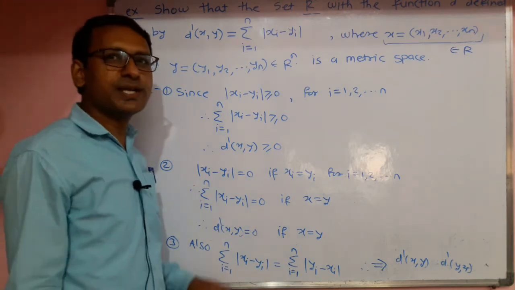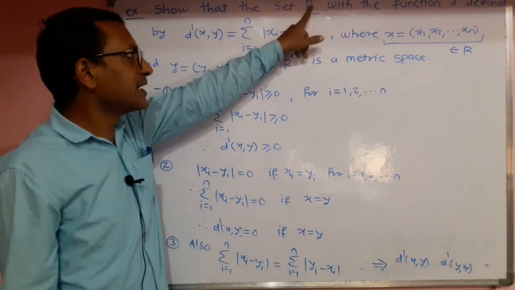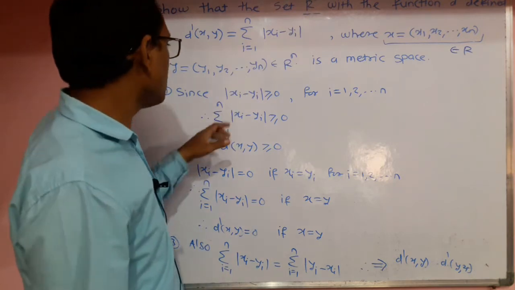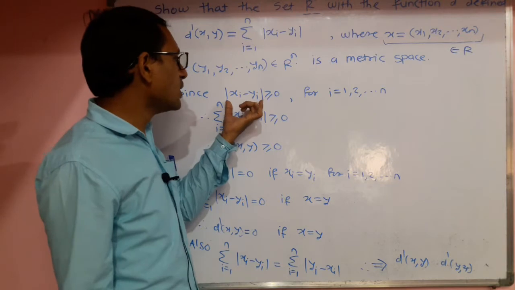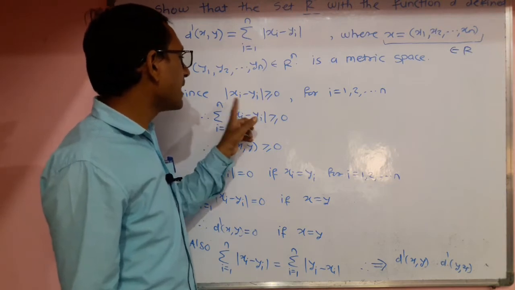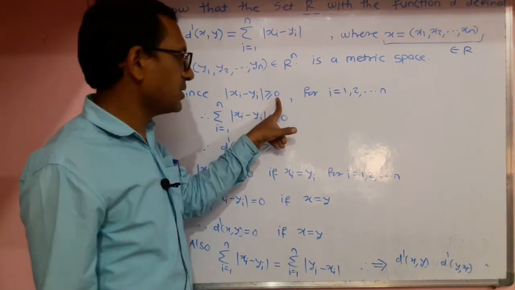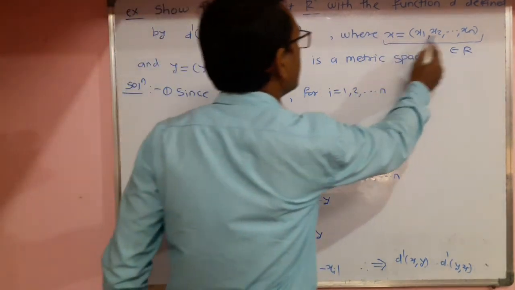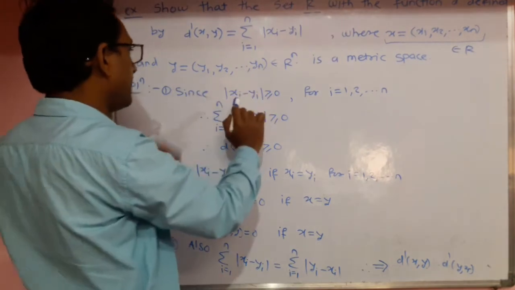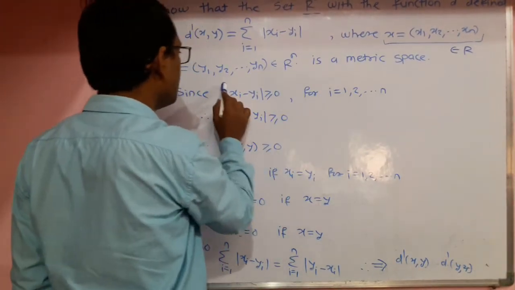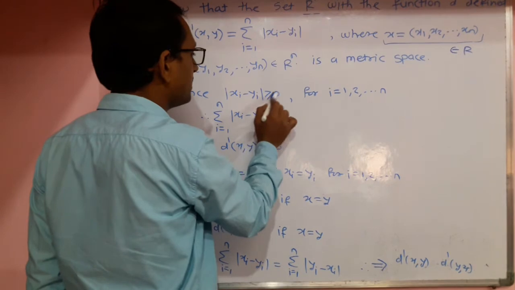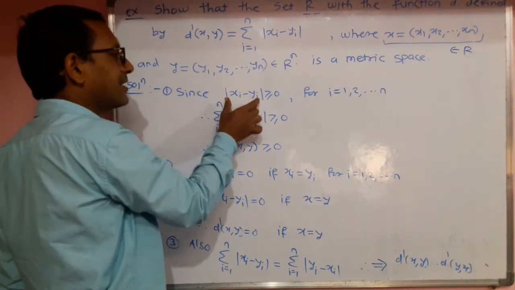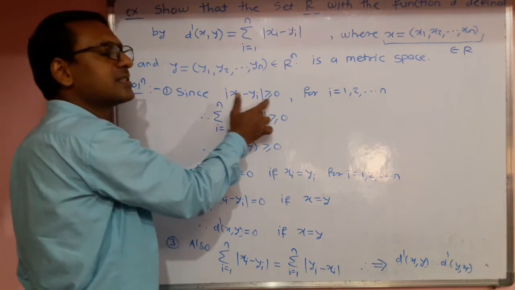First I want to prove that for any two elements of this set, the distance between x and y is greater than or equal to 0. By the definition of the modulus function, mod of xi minus yi is greater than or equal to 0, because x1 and y1 are real numbers, and the mod of the difference of two real numbers is greater than or equal to 0.